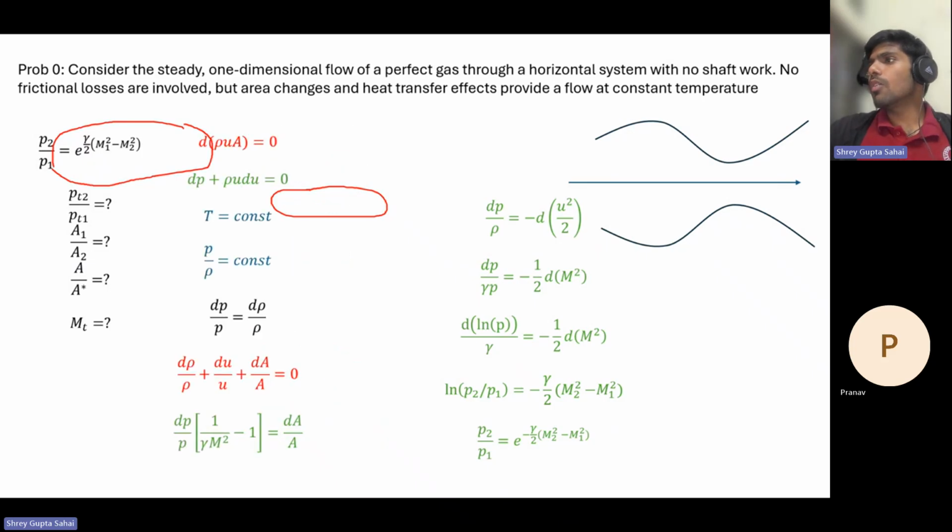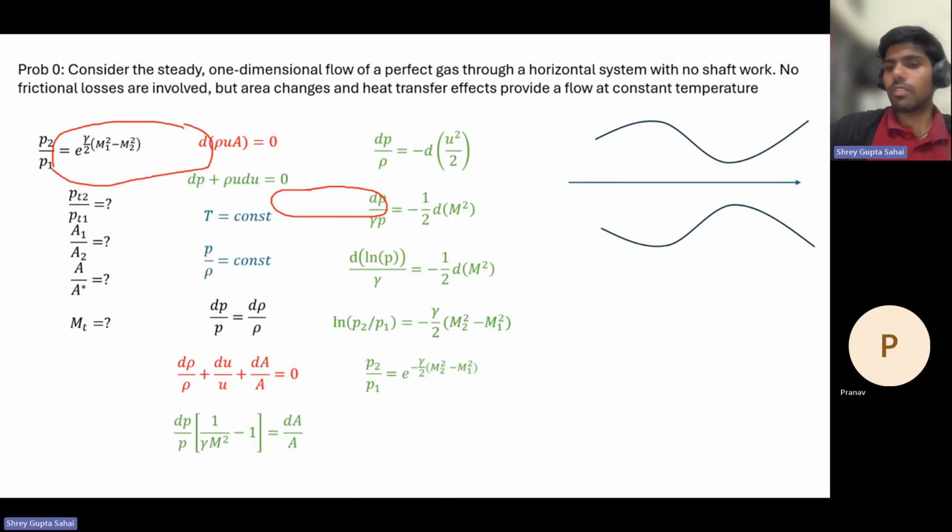Let's see what is the ratio of total pressures. So that one is, I think, a little direct. So let's do this. I'm sorry, that is a little direct, I think.